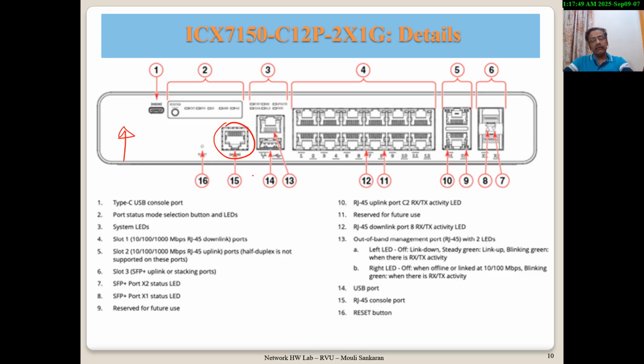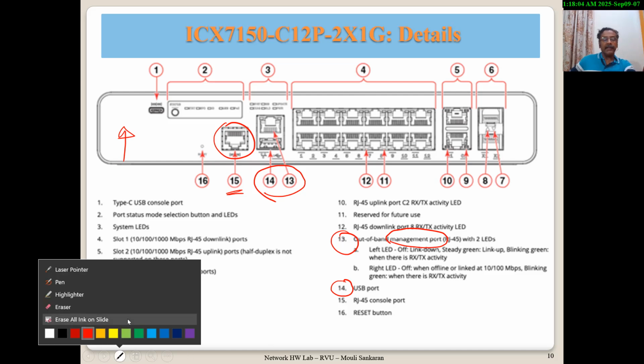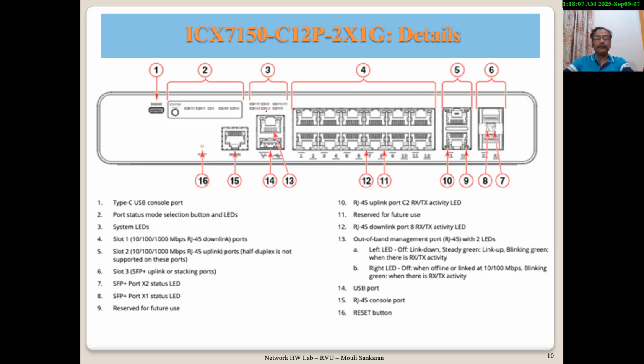Now you see that there is 14 and 13. 14 is a USB port, 13 is the management port. Now there is one more way of configuring the device, using the management port. Let me give a scenario. Suppose you have gone into a mall. There are some lifts meant for the people who are coming to the mall for shopping, right? These are all for customers. But there are some lifts normally at the back where the staircase is. It's called a service lift.